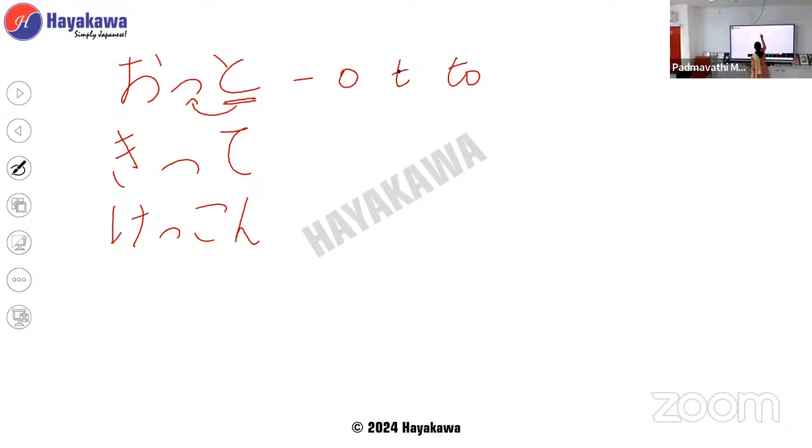So this is going to be Otto, which means a husband. Next one. What is the next word? Kitte. Okay. Te, small su, right? So this is also T sound. So if it is in T category, it is going to be with it sound.